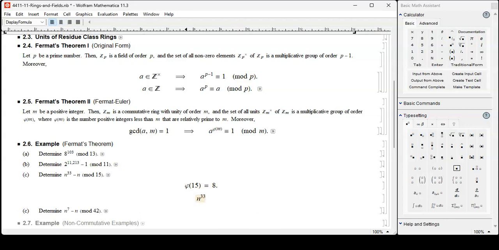Okay, all right. So n to the 33 power minus n is n to the 32nd power times n minus n. Why did I take 32nd?